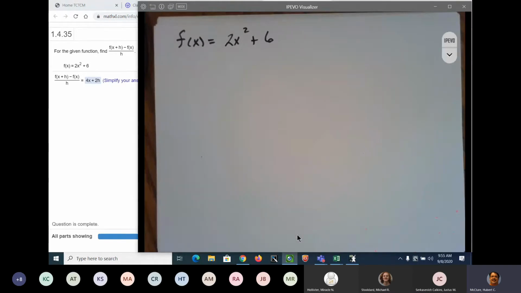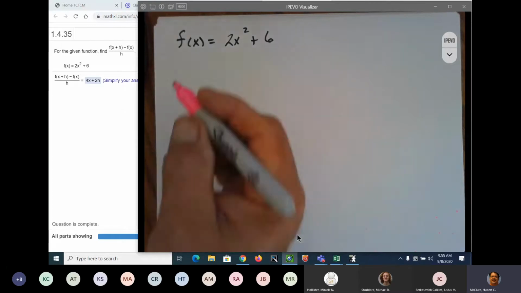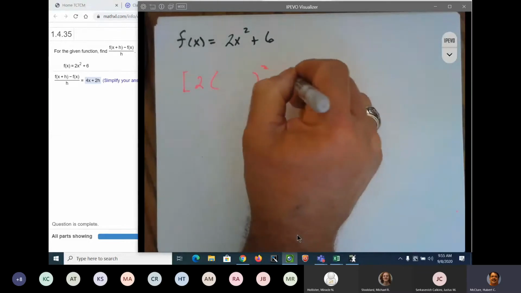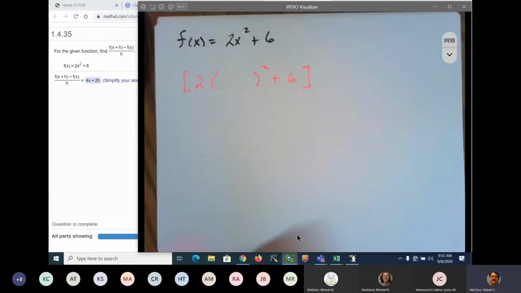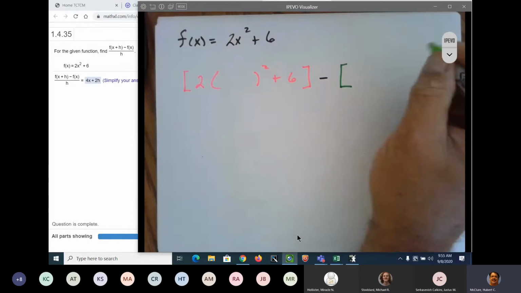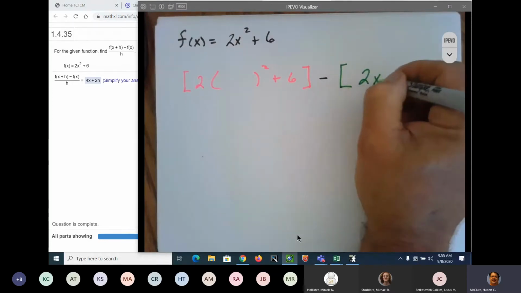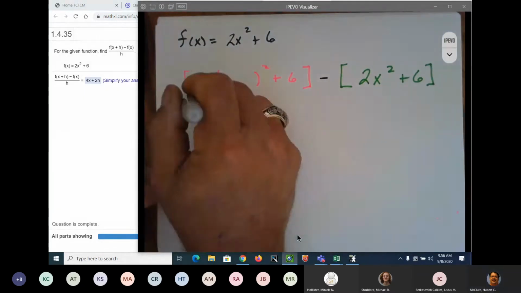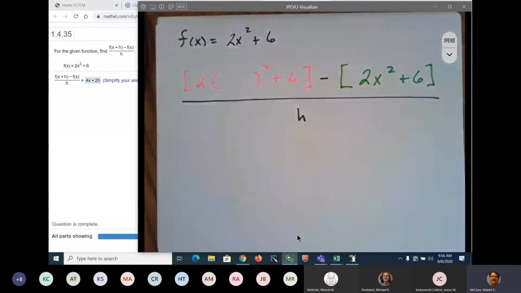So I'm going to take my different colors and I'm going to rewrite 2 parentheses squared plus 6 close parentheses minus f of x, which is going to be 2x squared plus 6. All that over h. And we always plug in an x plus h.